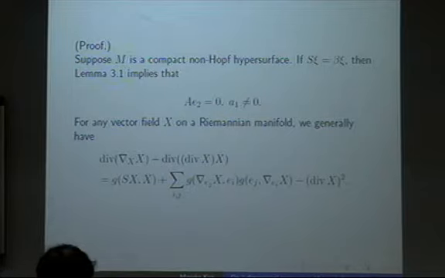Suppose M is a compact non-Hopf hypersurface, and if S xi is equal to beta xi, then our previous lemma implies that the shape operator satisfies this condition. And we use this formula for the Ricci tensor. For any vector field X on a Riemannian manifold, we generally have this formula.